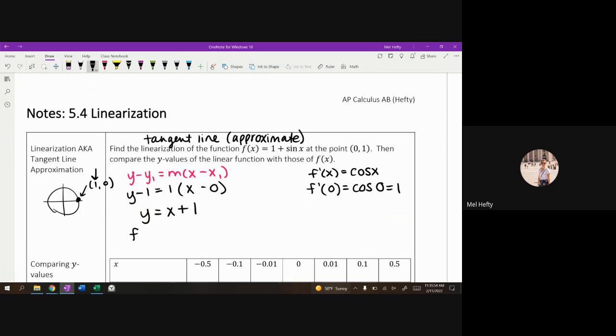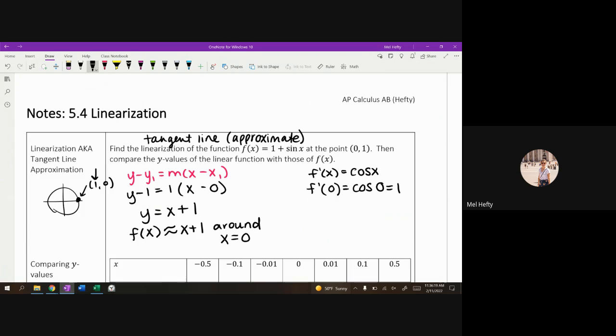So what I'm claiming is that my function f of x, the 1 plus sine of x, is about equal to this guy, but only around where I centered this line, where I wrote this tangent line. So around x equals 0, it does a pretty good job. That being said, farther from 0 is not doing a good job.